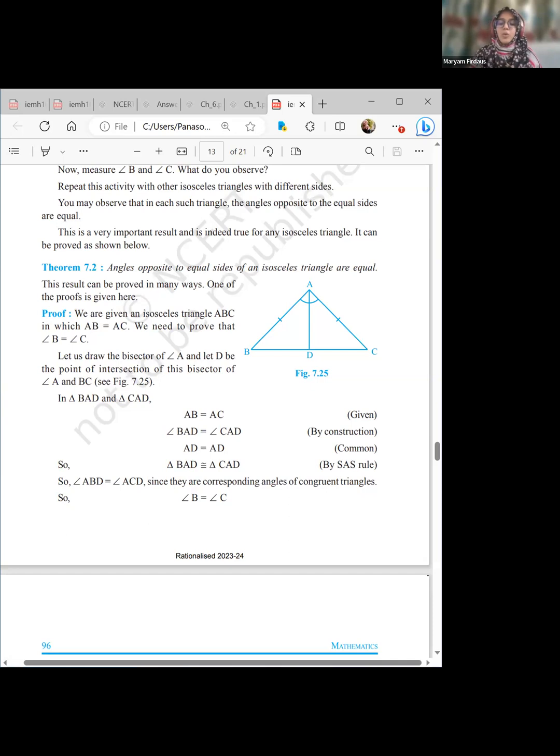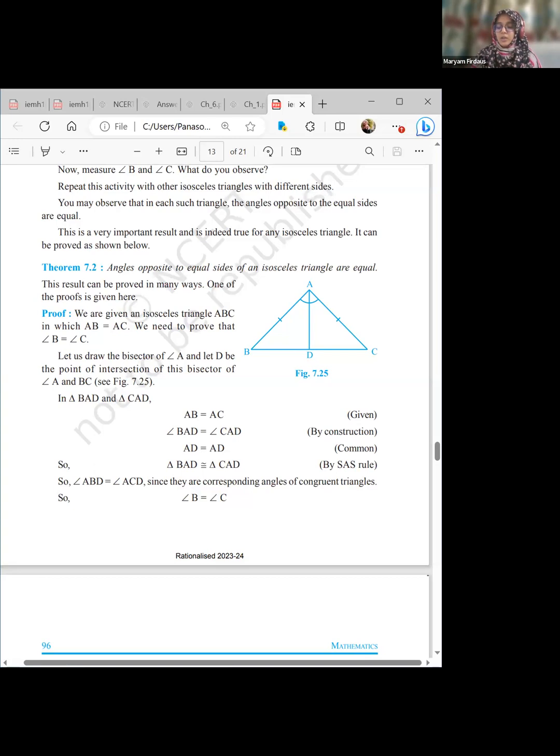Just like Pythagoras theorem: if this side is A, this side is B, this side is C, then A square plus B square is equal to C square. This is a fact, but someone had to prove it first so that the general public can accept it.